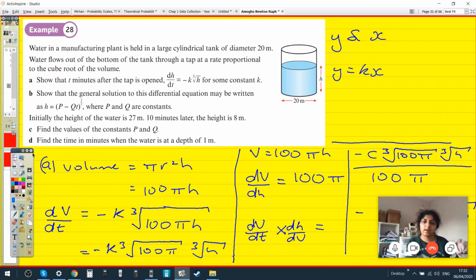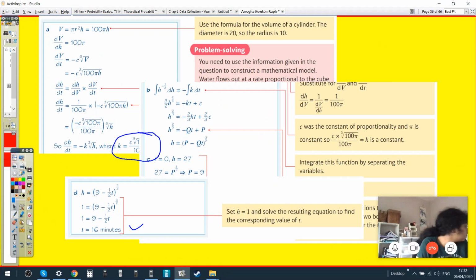And then you just make everything into the constant afterwards. They're using CX because they used K for the finished thing, I suppose. The water is going out, so it's negative. And other than that, yeah. Okay.